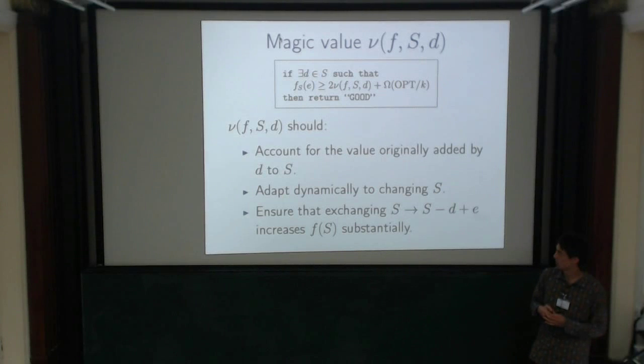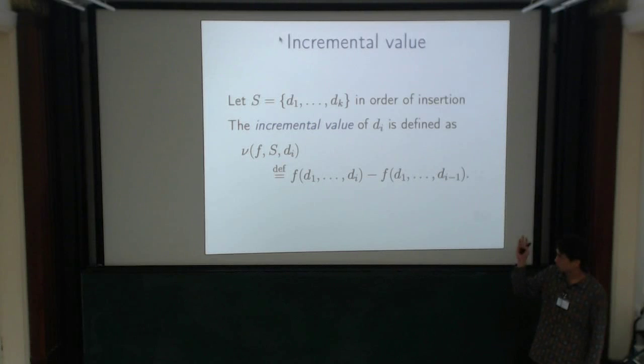So that's the strategy, and eventually we settled upon this rather simple definition. I take my solution S, and I number the elements in the order that I added them to S. Then the incremental value, as we called it for lack of a better name, is just the margin as we build in this order.